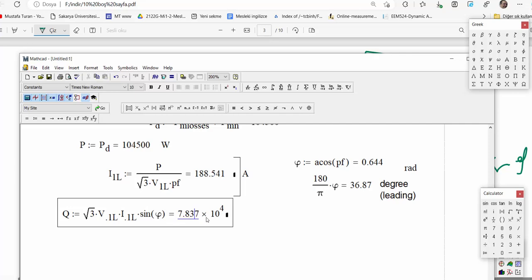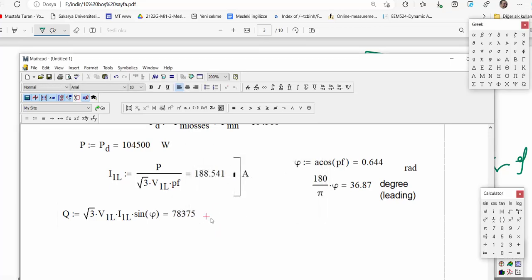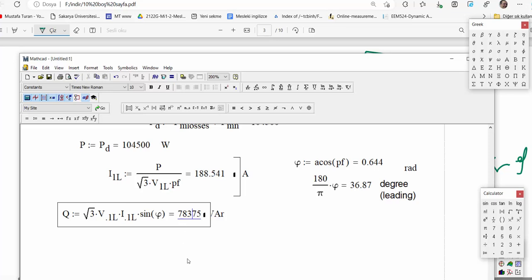So here you see such a reactive power in terms of volt amps reactive. That is the unit of reactive power. Ladies and gentlemen, what about the sign? Current was leading. The sign of power, whether it be positive or negative.